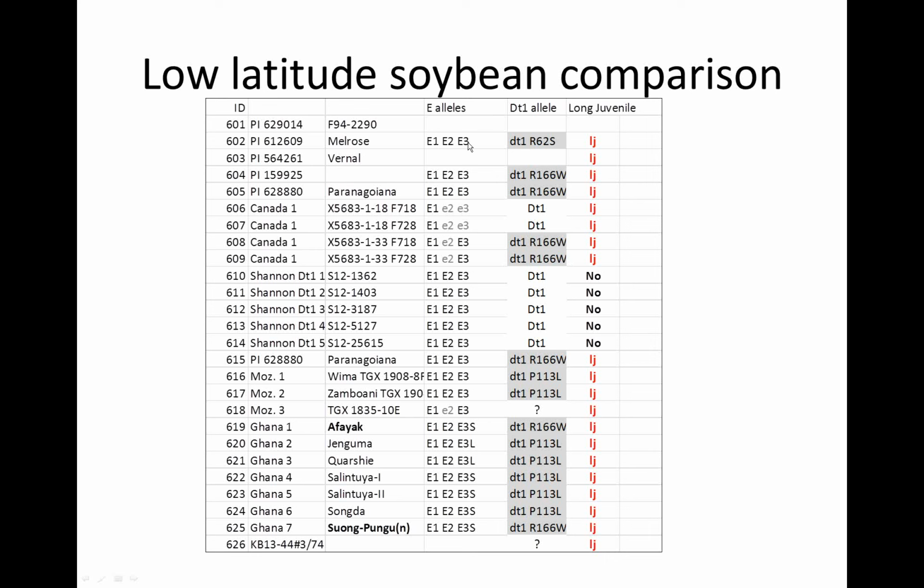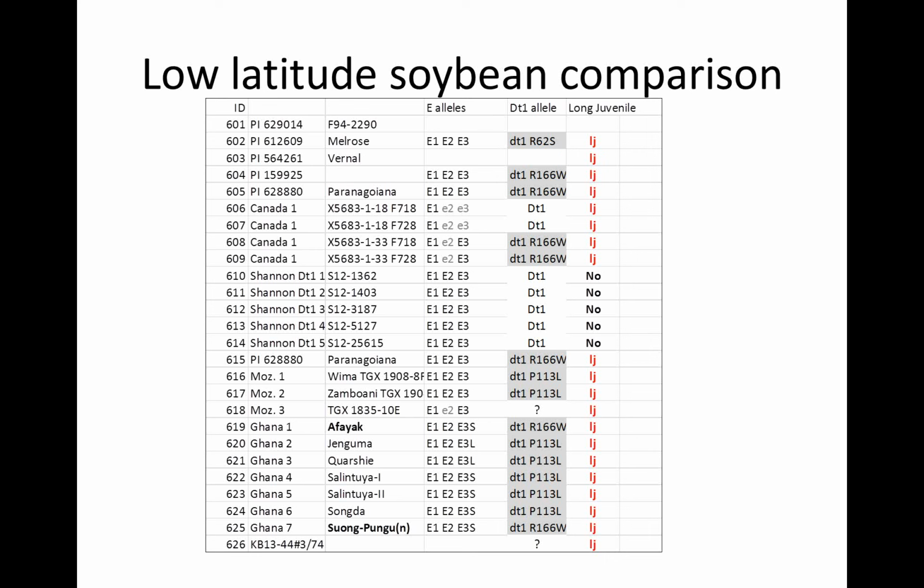We genotyped that, and although it was backcrossed, I believe, into the Sprite version that I don't recall, it has functional E1 alleles as well. So this is just a preview of the kind of things that we're thinking about, is putting our E genes, the determinate plant growth architecture, together with what we can figure out about any sources of long juvenile to understand flowering time, maturity, and eventually yield of those materials.